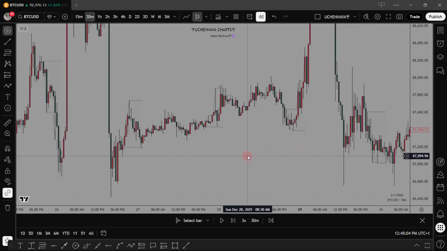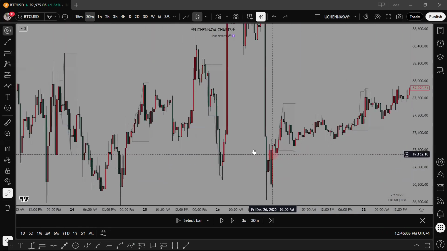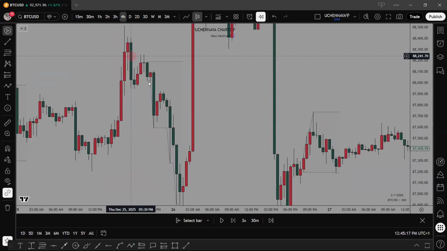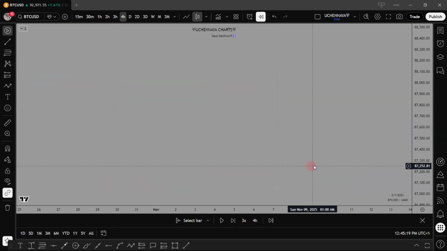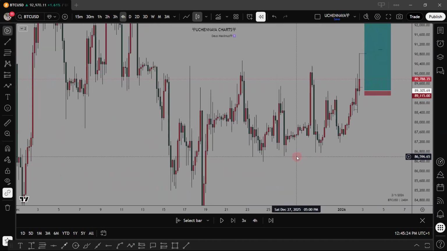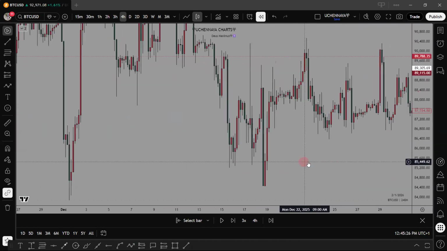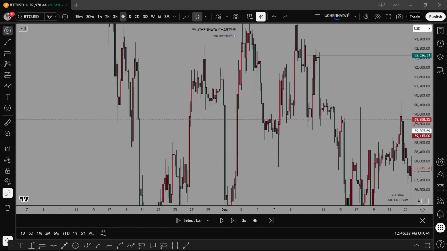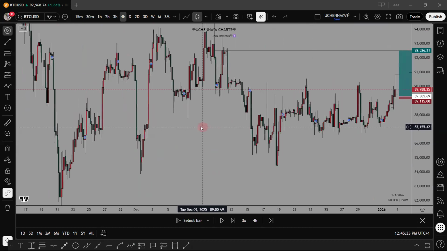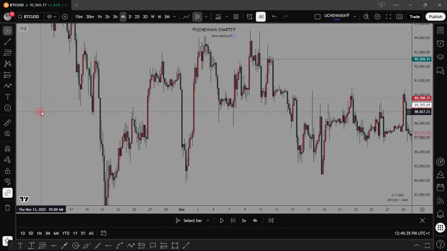This we do, but if we go on a higher time frame, it will be easier to find. But this is a Bitcoin chart. Bitcoin chart is not always the best chart.